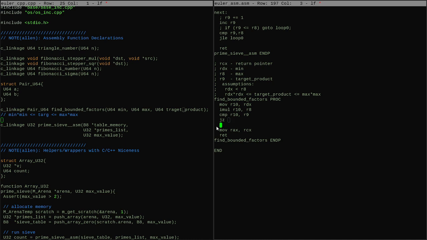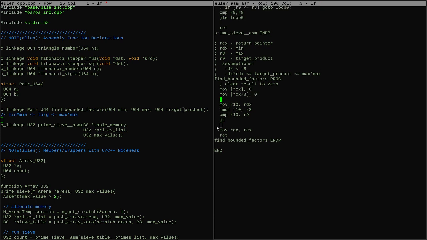Trying to think how I want to lay everything out, but let's just start with, I haven't quite got a plan for how returning. Okay, first I'm going to just have this give a built-in clear result to 0. So it's going to be like this: RCX 0, RCX plus 8 0. Okay.